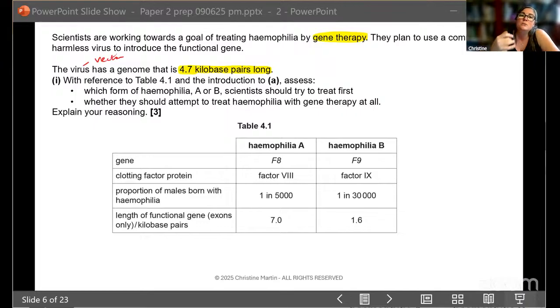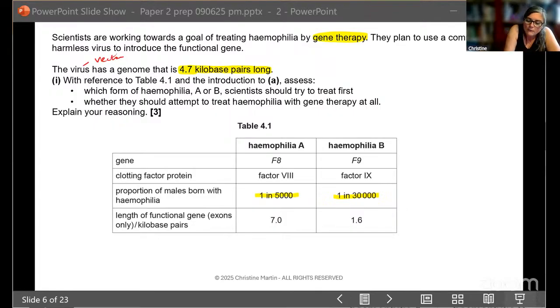So then we need to decide, if we're going to do this, which of the treatments would we want to use? And this is where, by looking at the data in the table, what you'll be able to see is this first one, the gene F8, more people actually suffer with hemophilia A compared to hemophilia B. So if you were going to actually assess whether or not that would be the better treatment, they won't word it exactly that way.